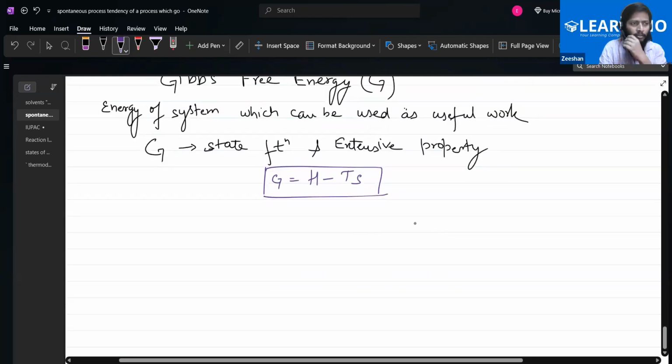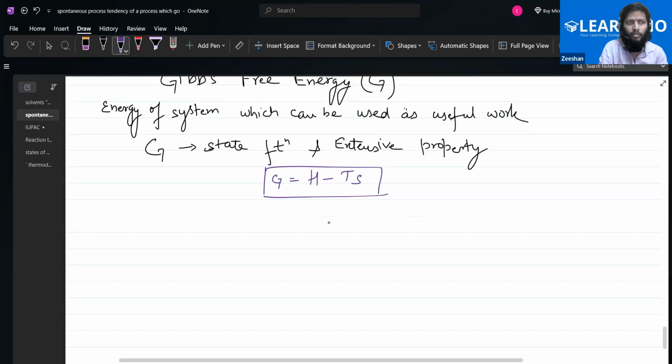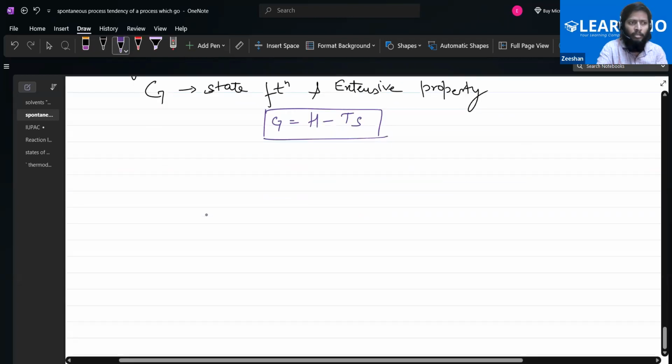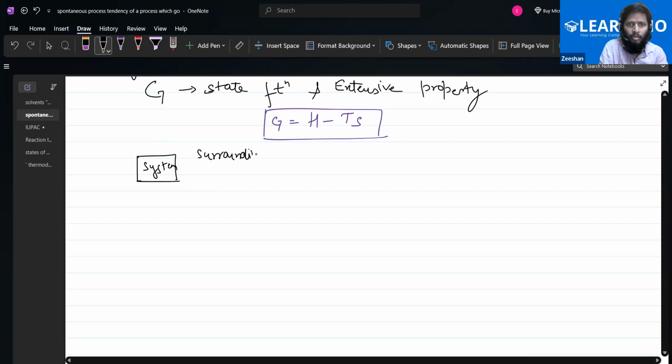Are you getting it? So let's derive this formula. Let's take this as a system, and there is some surrounding. You already know that H is defined at constant pressure, right?